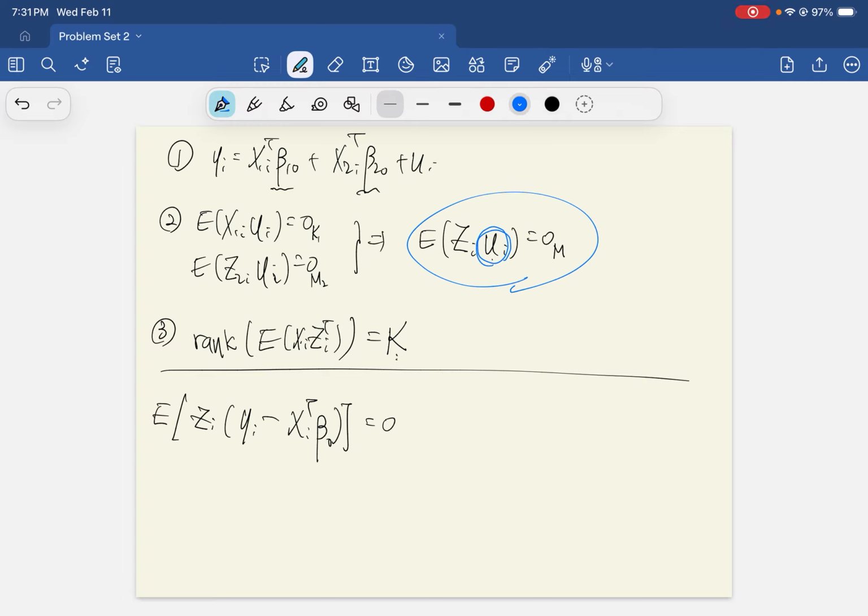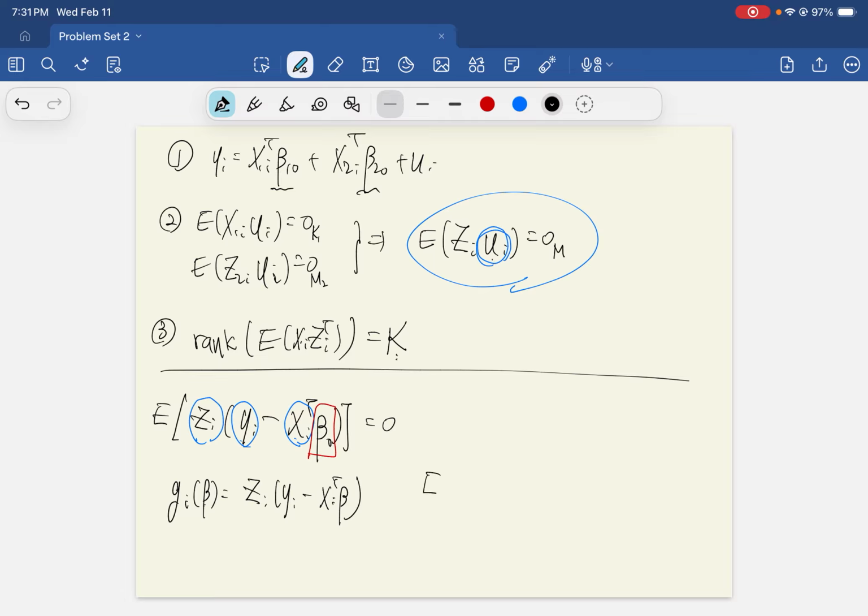Then, as you know, it is only about observed data: z is observed, y is observed, x is observed, and the other part is unknown, that is the argument of this function. So we define g_i(beta) as z times (y_i minus x_i transpose beta). Other than beta, everything is observed, so I denote that as g_i.